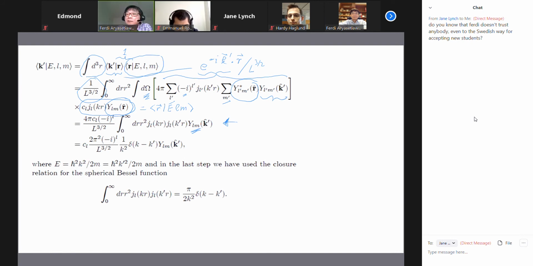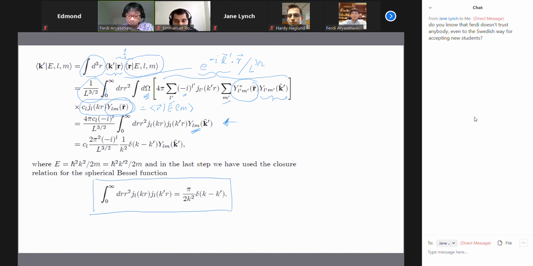And then we make use of the closure relations of the spherical Bessel function. There's quite a bit of math here, but it's kind of unavoidable, so we have to just accept this. It's a well-known closure relation, so you can look it up in some math books.